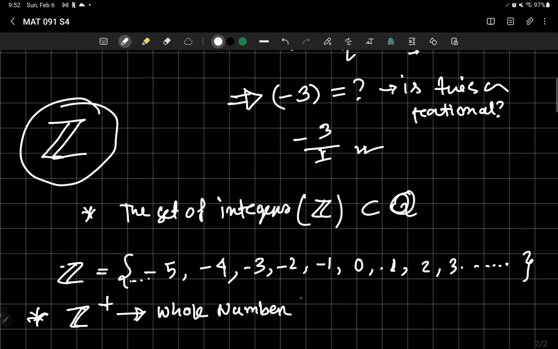What they do for this set, which is denoted with Z plus, is that they just get rid of all the negative numbers. But I don't want to call them whole numbers. I would rather call them the set of positive integers. So this set will contain numbers like this: 0, 1, 2, 3, and so on.